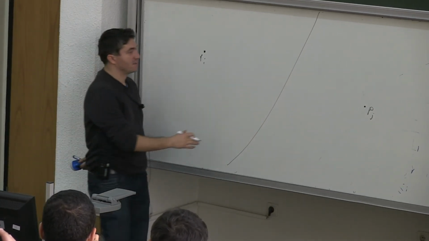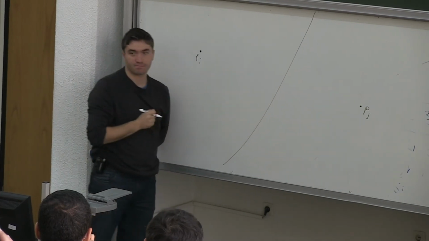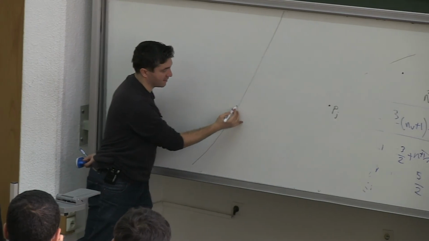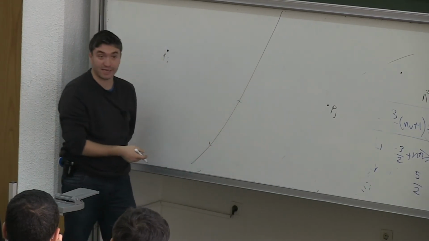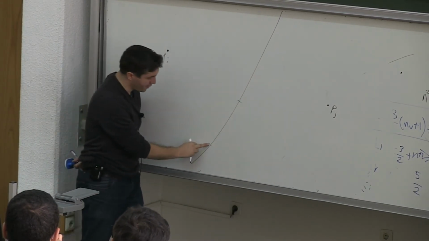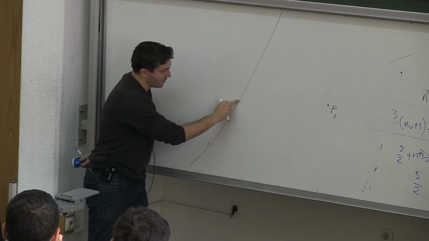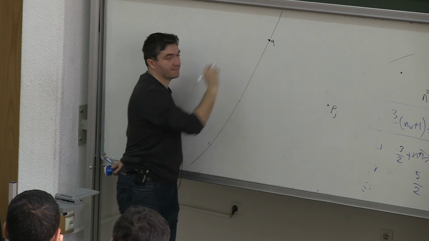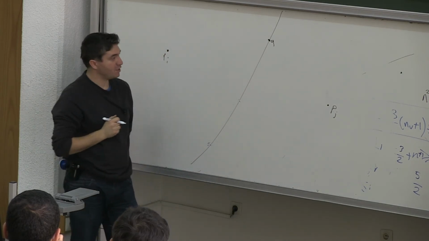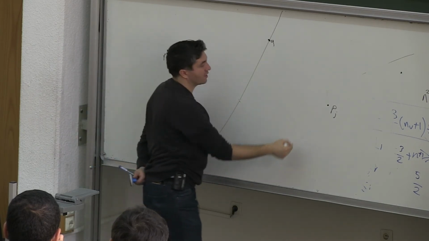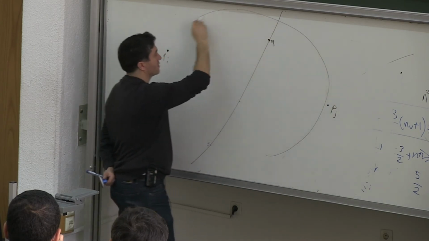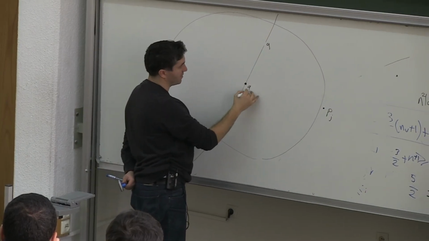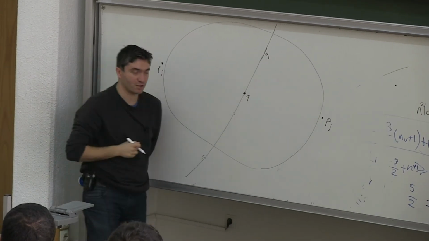In order for this part of this bisector to be an edge of the Voronoi diagram, there must be a point Q on this bisector, let's have Q here, which is the center of this circle, the largest empty circle.